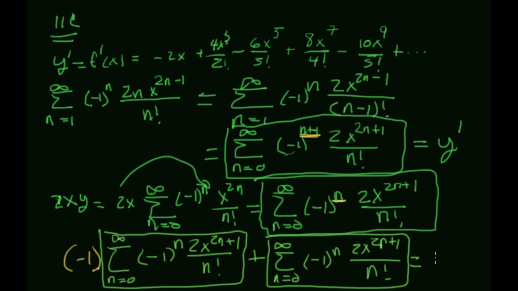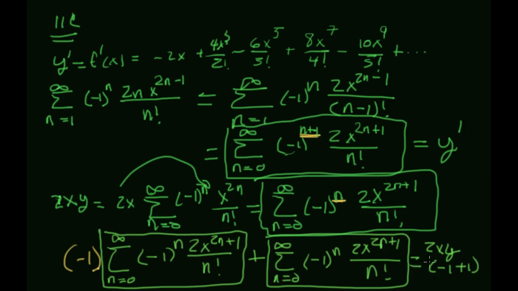So this works out to be, not y, sorry, that's not correct, this is 2xy times -1 plus 1.